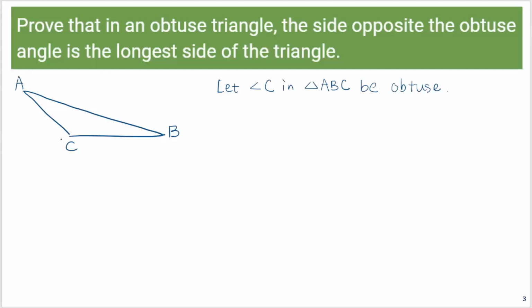We want to show that AB is the longest side of our triangle, so we could make it the hypotenuse of a right triangle by drawing the altitude AD from A. Call this point D. And because AB is the hypotenuse of triangle ABD, right?